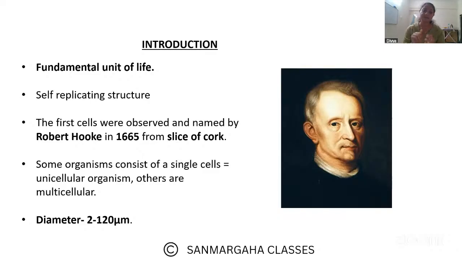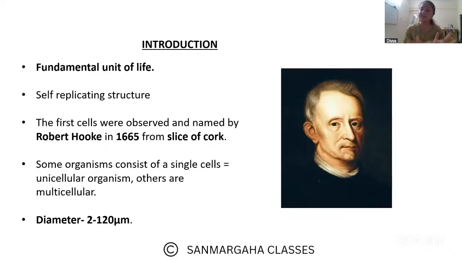There are single celled organisms and multicellular organisms. Single celled organisms are called unicellular organisms, whereas many celled organisms are called multicellular organisms. Uni means single, multi means many.